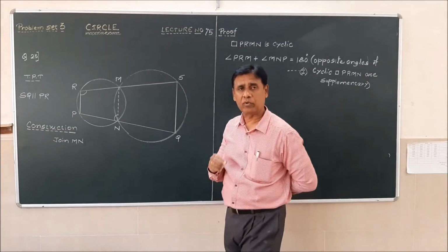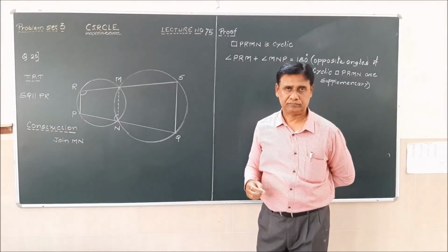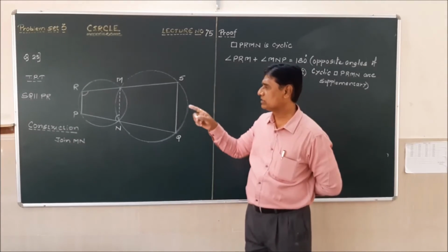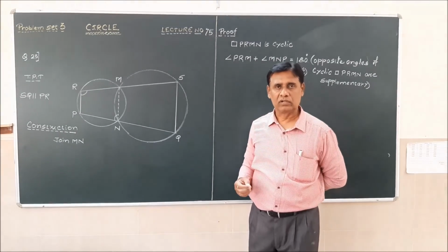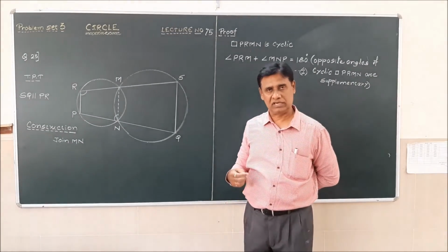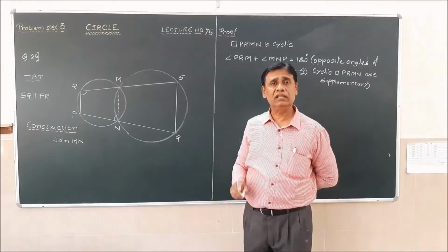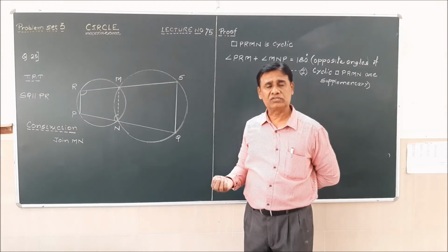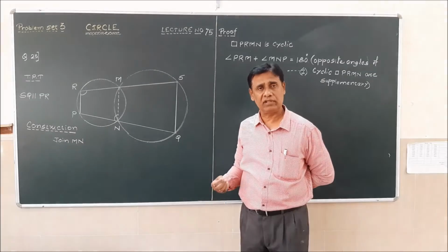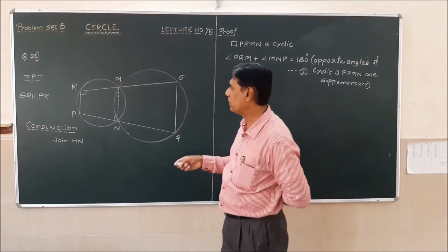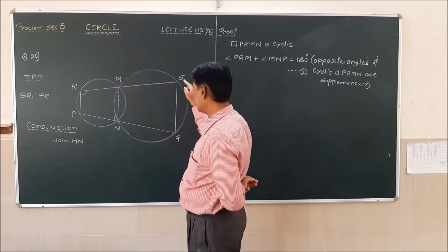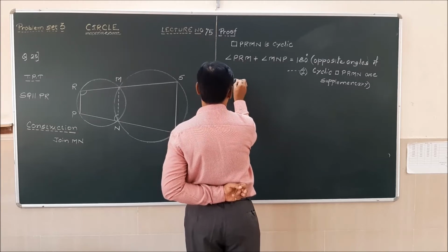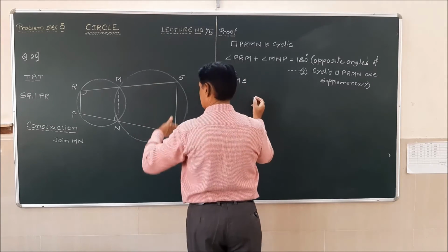Now we are going to use a very important property of cyclic quadrilateral. I explained this property while explaining that opposite angles of a cyclic quadrilateral are supplementary. The very important property is: the exterior angle of a cyclic quadrilateral is congruent with the remote interior angle. We are going to apply this for quadrilateral MSQN.